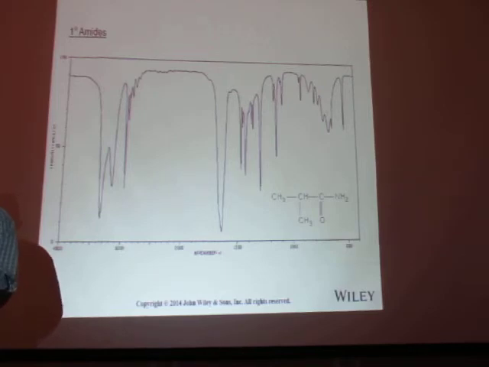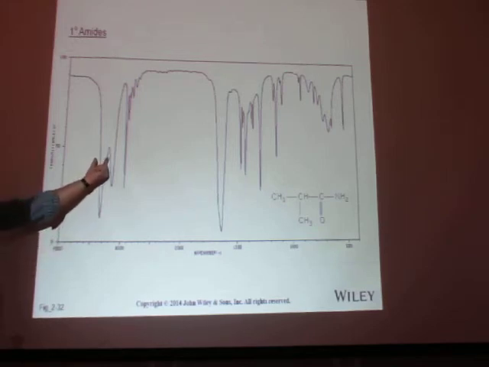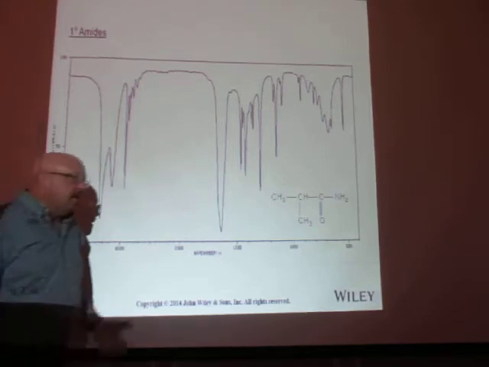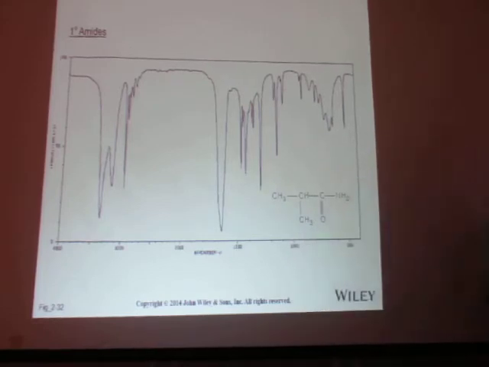Alkyne had no hydrogen bonding, so a very, very narrow peak. OH had hydrogen bonding, very, very broad. NHs also can hydrogen bond, but they're not as strong as an OH. So they're broadened a little bit, but not as broad as an OH. So although they come at the same place, you can tell the difference in them. You can see these are a little bit broad, but nothing like the alcohol that we had back earlier.